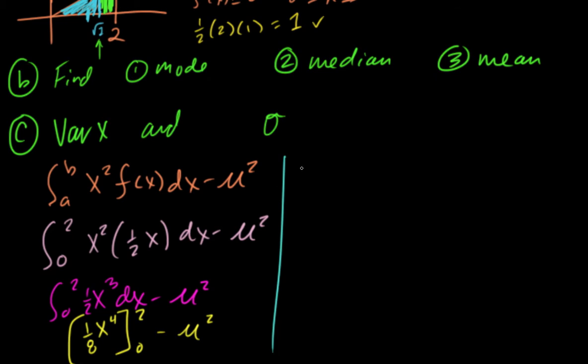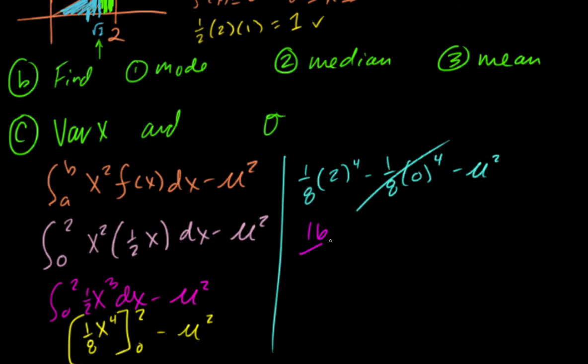Alright, bring that up here. We're going to get 1/8, 2 to the 4th, minus 1/8, 0 to the 4th. This goes away. 2 to the 4th is 16. 16 over 8 equals 2. So we have 2 minus mu squared.